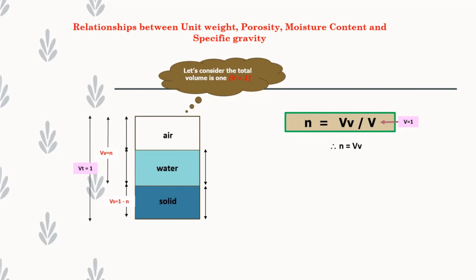Okay, next, the same thing also like a previous discussion, but this time we look at the relationship between weight, porosity, moisture content, and also specific gravity when we consider that total volume is equal to 1. In the previous discussion, we considered that Vs is equal to 1, right? But now we change it to total volume equal to 1.